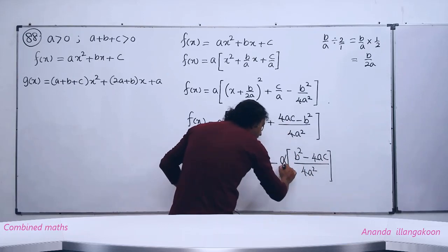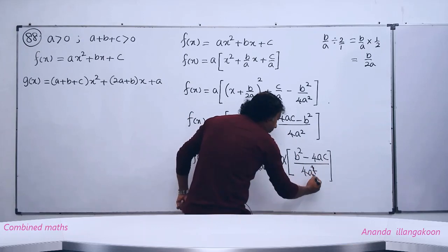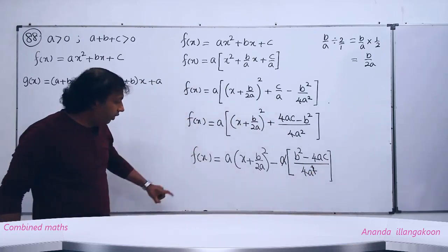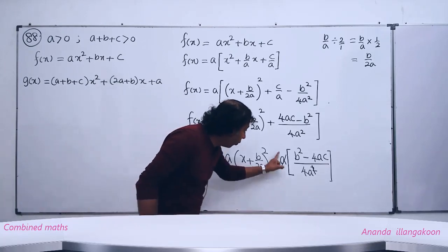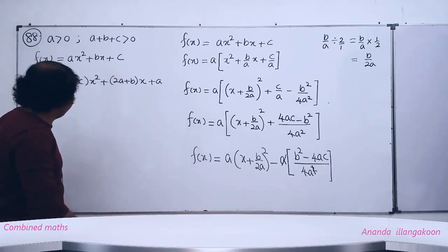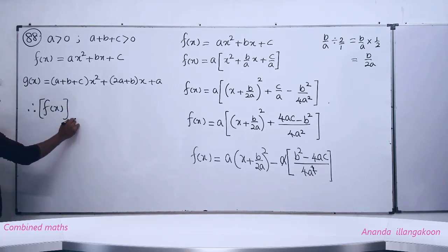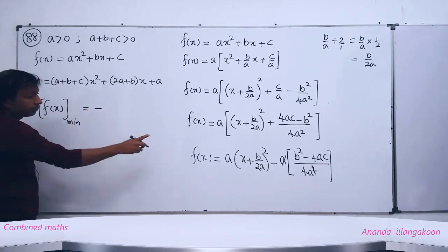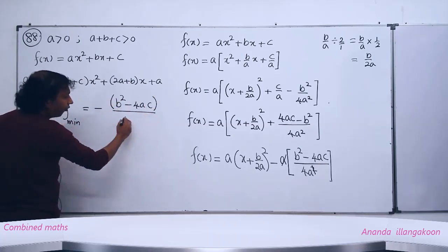One a we can cancel with this. Then you can write very clearly f(x) minimum, with this minus sign, this whole thing. Therefore, f(x) minimum is equal to minus b squared minus 4ac divided by 4a.